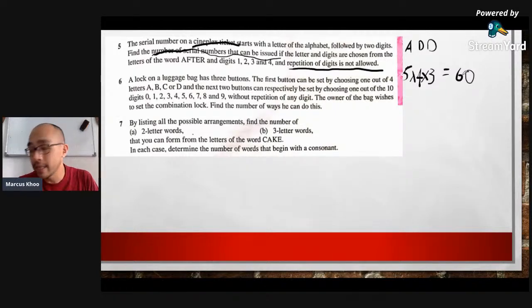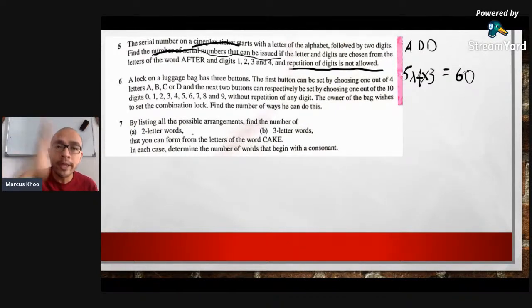This is a prime example that you cannot do it manually. Yes, you can, kalau kamu mau, but 60 arrangements for a 2-mark question, could be 1 mark also depending on the situation, is a lot of arrangements and a bit too much work. So better to use the multiplication rule.